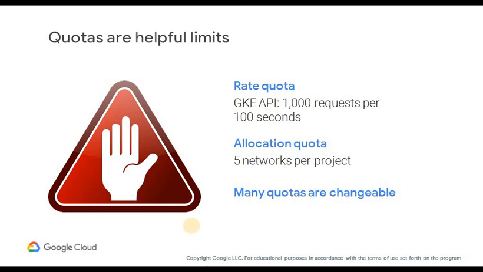For example, by default the Google Kubernetes Engine service implements a quota of 1000 calls to its API from each Google Cloud project every 100 seconds. Allocation quotas govern the number of resources you can have in your projects. For example, depending on the region, the number of GPUs permitted varies by type and region.